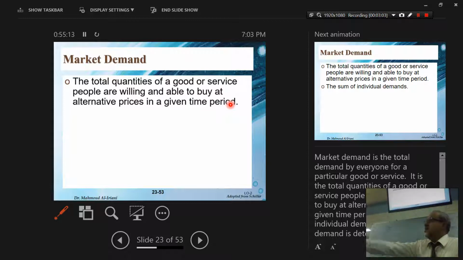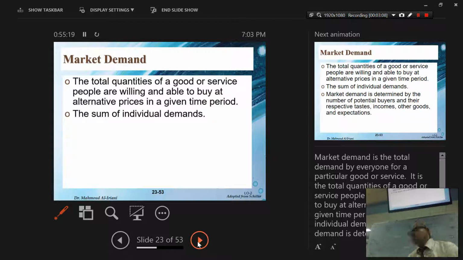It's everyone in the economy who wants to buy mangoes, the sum of individual demands. So my individual demand plus your individual demand, we sum all of that and we get the total demand. So if I ask you how much is the total demand for mango, you will see all the people in Yemen, how much they are willing to buy the mango from Yemen, and that will be the total mango demand in the Yemen economy.